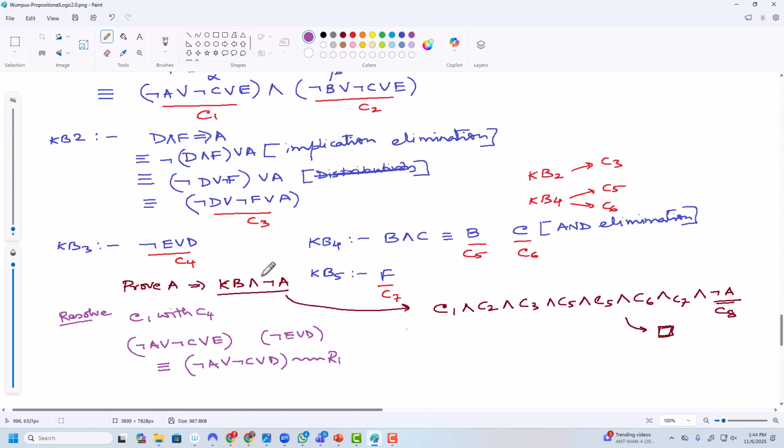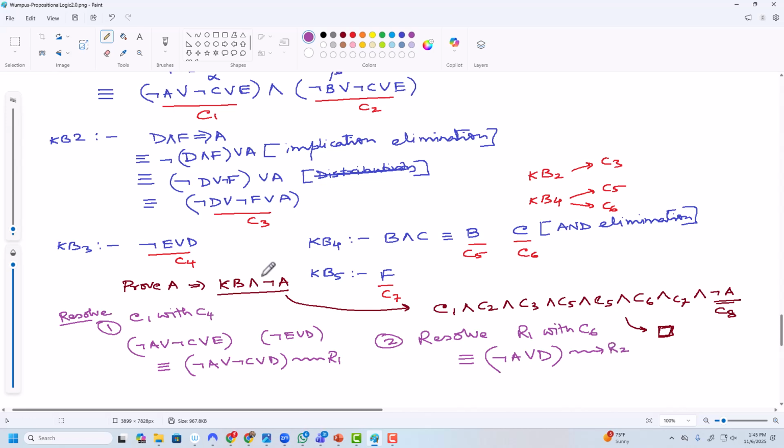So this is step 1. Step 2 is resolve R1 with C6, which is just C. The resolvent will be not A or D, because the not C cancels out with C. Let's call it R2, resolvent 2.